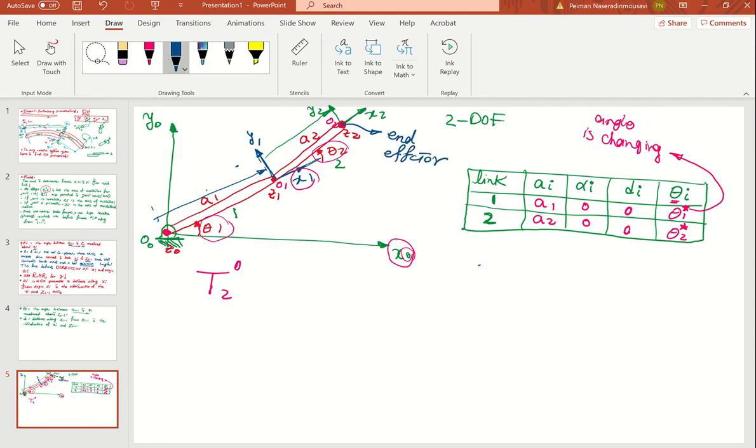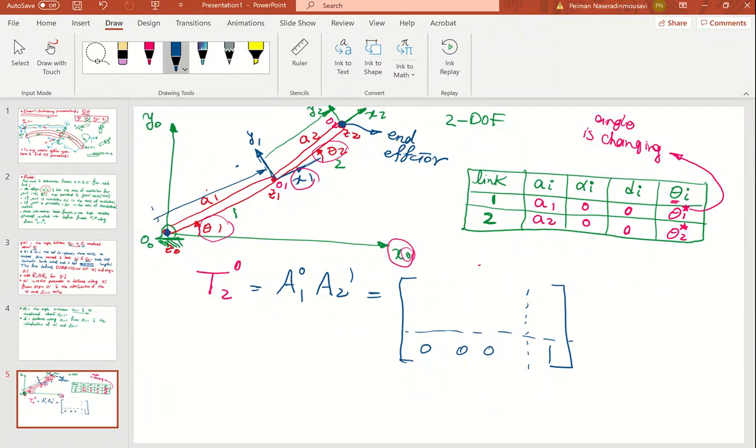If I want to see the end-effector transformation matrix, which I taught in part 7, with respect to the body of the robot or the base frame, it's going to be, as I said, A1 with respect to 0 times A2 with respect to 1. These are homogeneous matrices, that's right. Here we go, 0, 0, 0, 1.